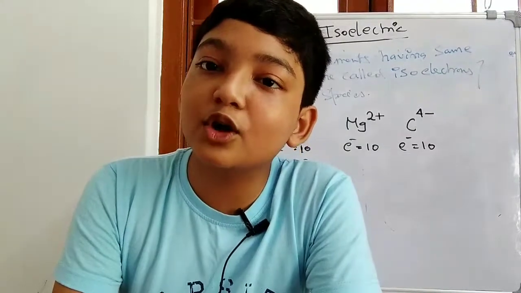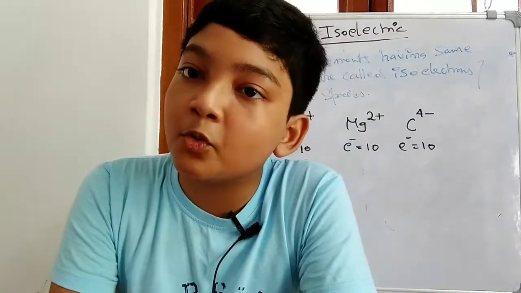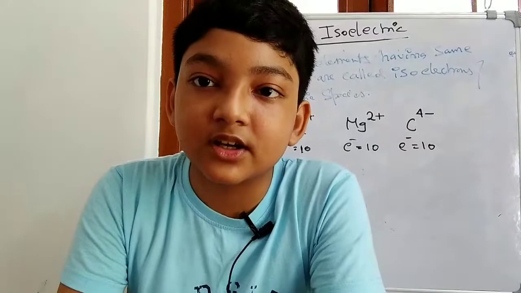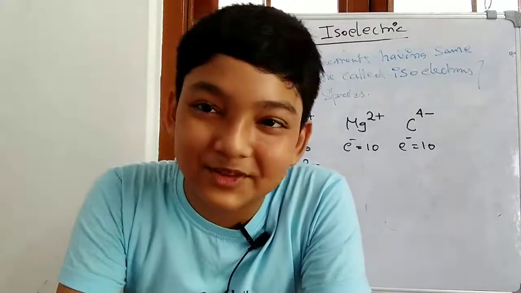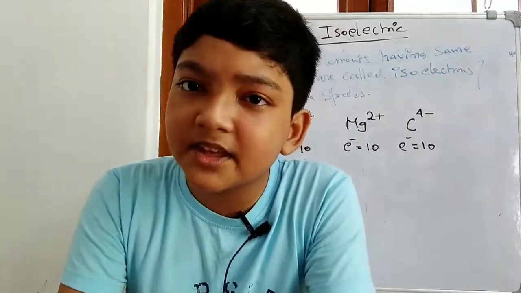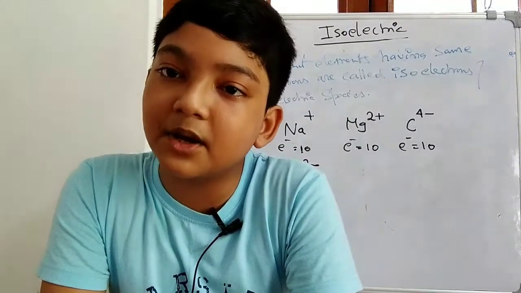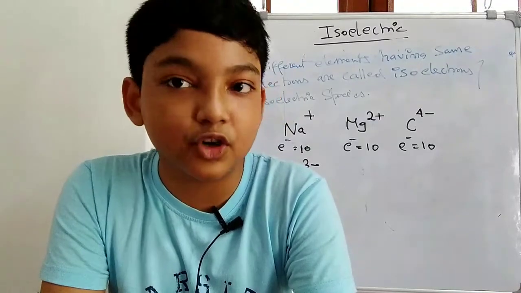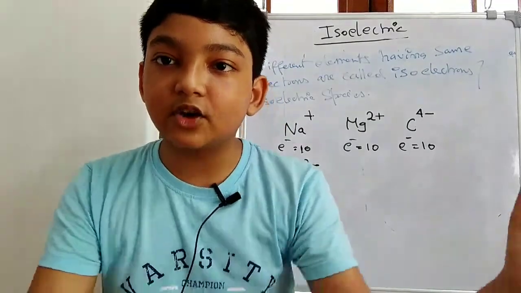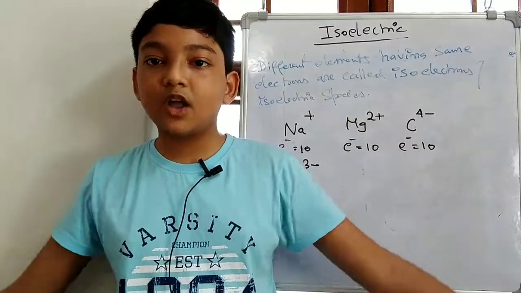Then isosters, different compounds which have the same structure. Then the last thing, isoelectronic species, which means different species having the same number of electrons. So these are all the things that we have learned in today's video.